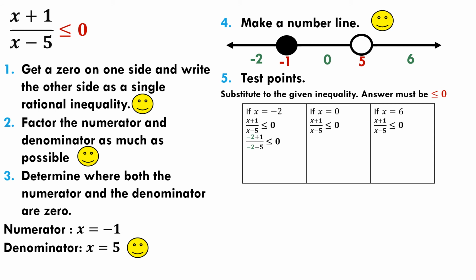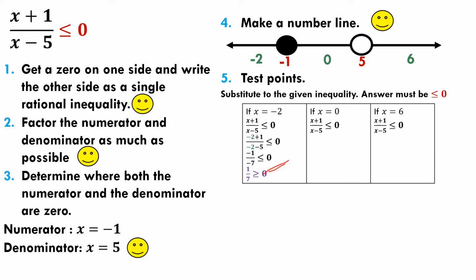So, in here, dito tayo sa first. Okay, sa first, if ang x natin is equal to -2, i-substitute natin siya sa original na inequality. So, pag na-substitute na natin siya, ang sagot niya is -2 plus 1 all over -2 minus 5, less than or equal to 0 ba siya?